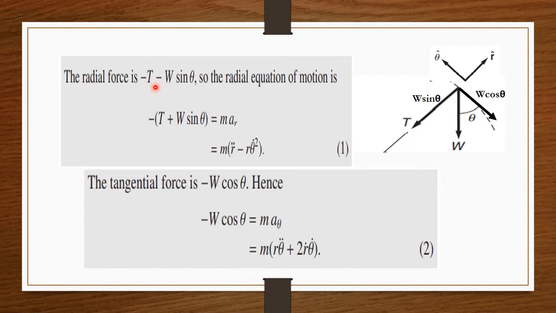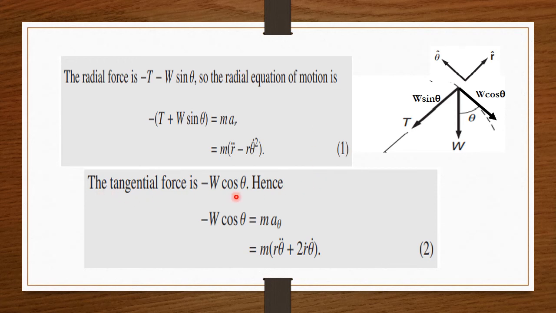So the radial force is minus T minus W sin theta. The radial equation will be minus T minus W sin theta equals m a_r, where a_r is the radial acceleration which we dealt with in the last video: a_r equals r double dot minus r theta dot square. This is equation number 1, the radial equation of motion.